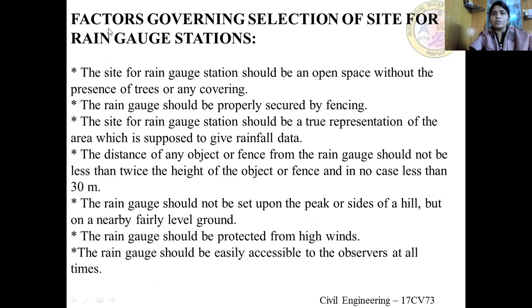Now, moving on to the factors governing selection of site for rain gauge station. The site should be an open space without the presence of trees or any covering. So it should be open, plain land without any vegetation. Then it should be properly secured by fencing so that it is not disturbed by animals or people.